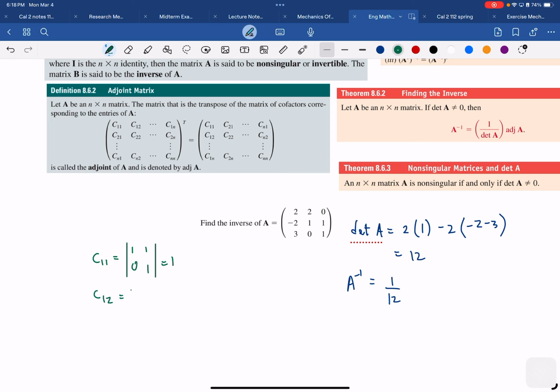Or maybe this is C21, sorry, C21 is -2, 2 0 0 1 and negative.